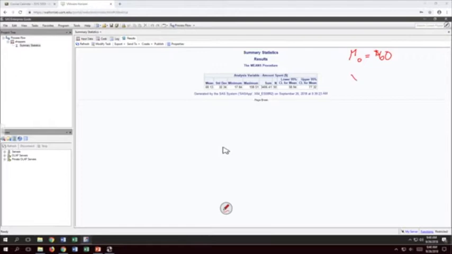Here's the mean for my sample, $68.13. So our claim would be higher. What if we looked at the confidence interval? $58.94 to $77.32.